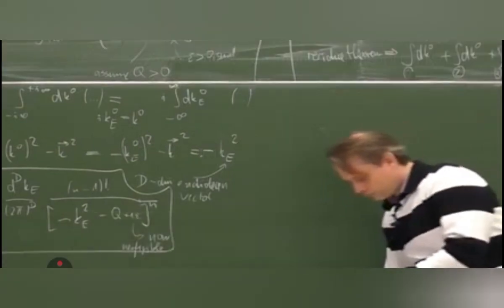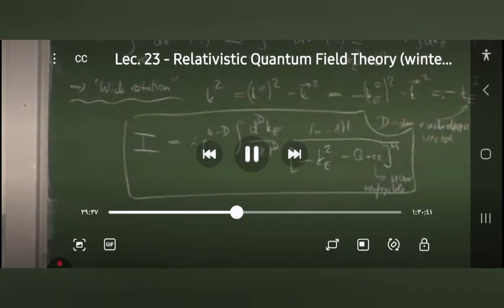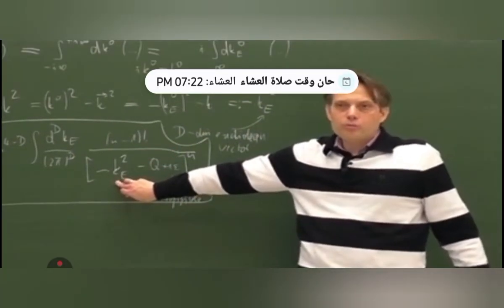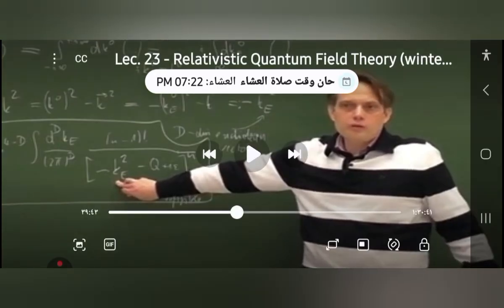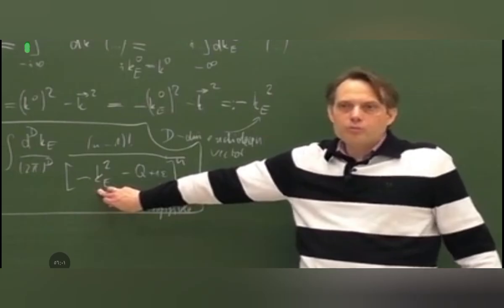The outcome of the epsilon. So then, now we have an integral in d dimensions, which depends only on kappa squared.